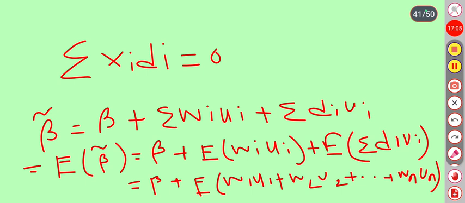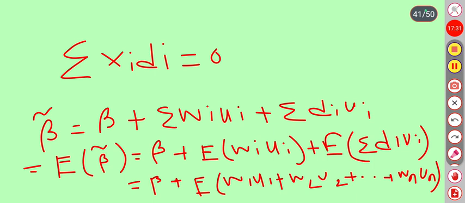So taking expectation on both sides, the expected value of beta tilde is equal to beta plus the expected value of w1 u1 plus w2 u2 plus w3 u3 up to wn un, plus the expected value of d1 u1 plus d2 u2 plus d3 u3 up to dn un.